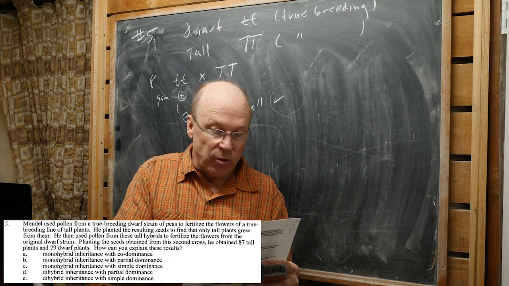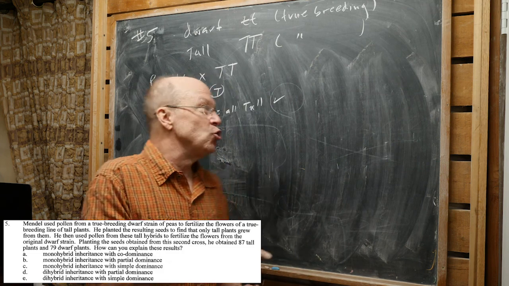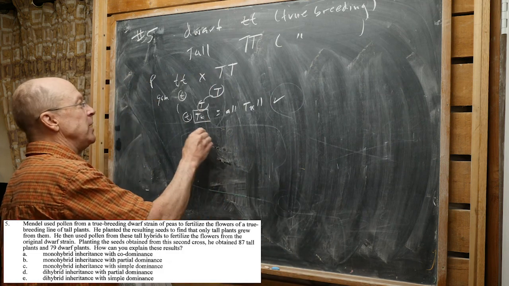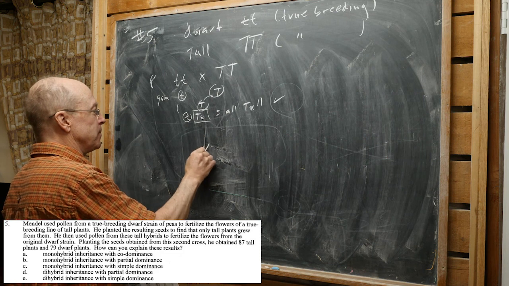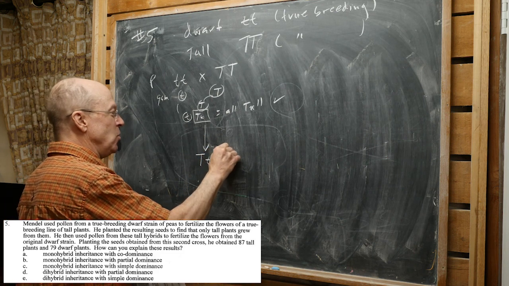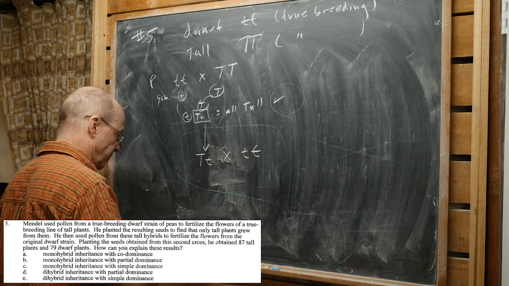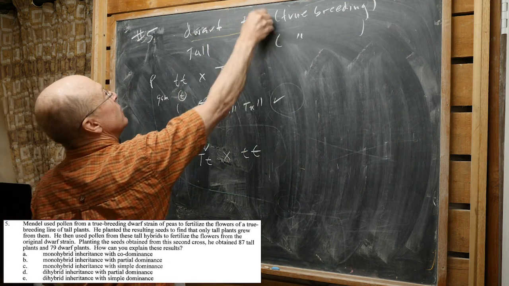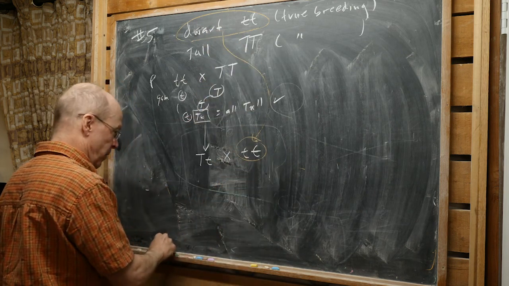And then he used the pollen from these tall hybrids to fertilize the flowers from the original dwarf. So he took one of these and used those on the original dwarf. So here's the original dwarf right here.